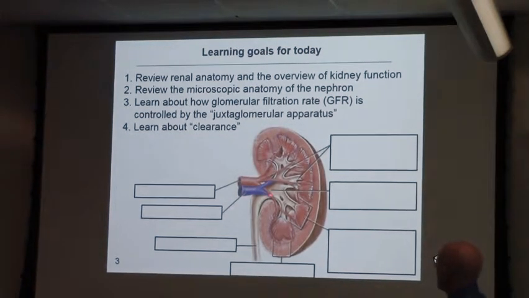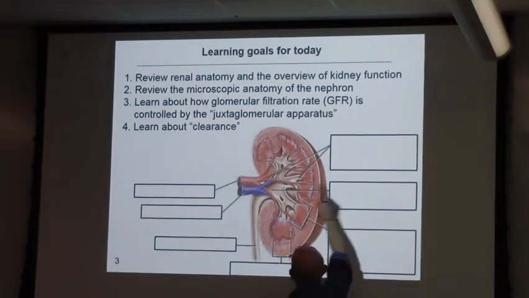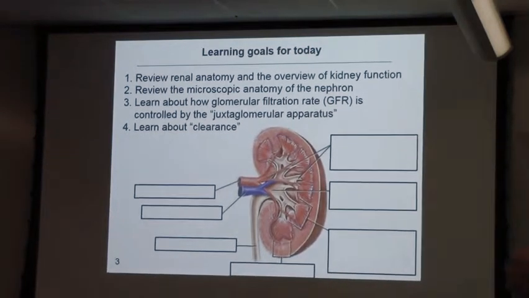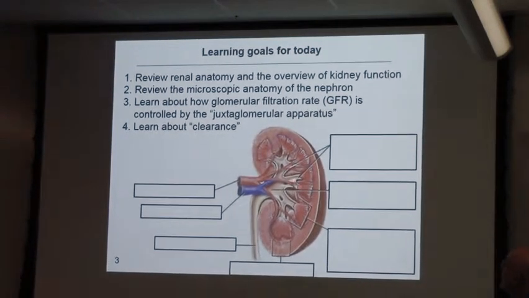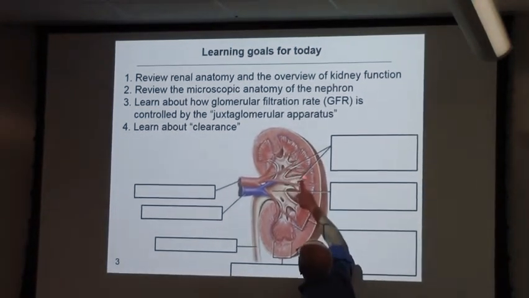That's the renal vein. That's the renal pelvis. Those are the calyces, major and minor calyces.